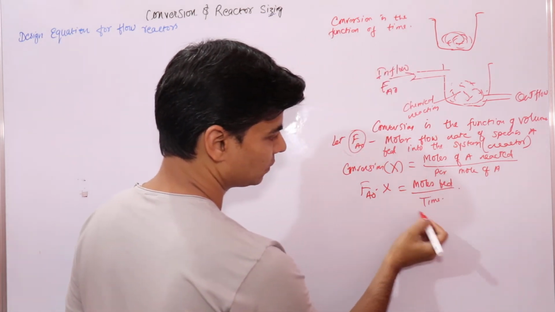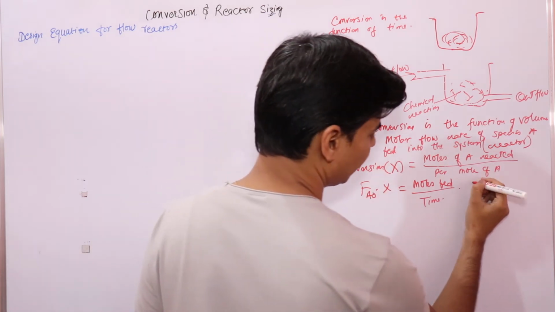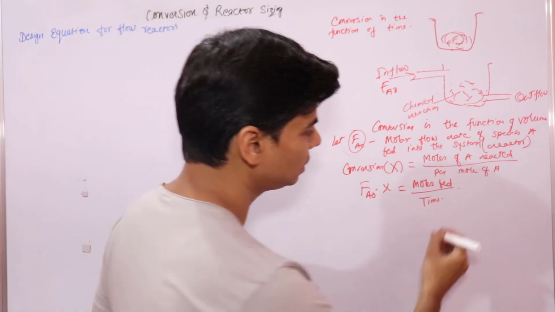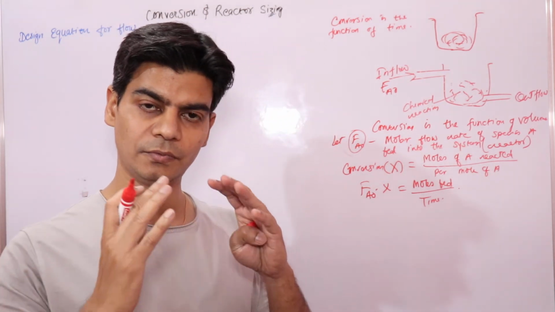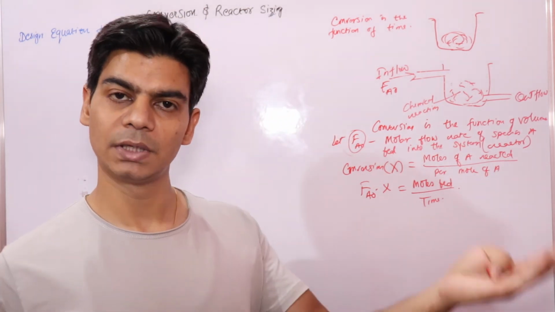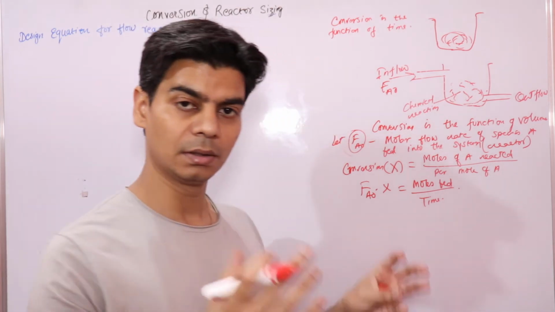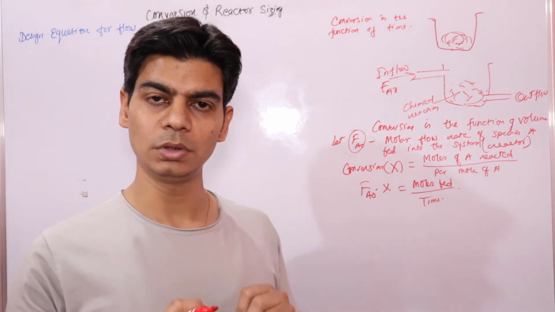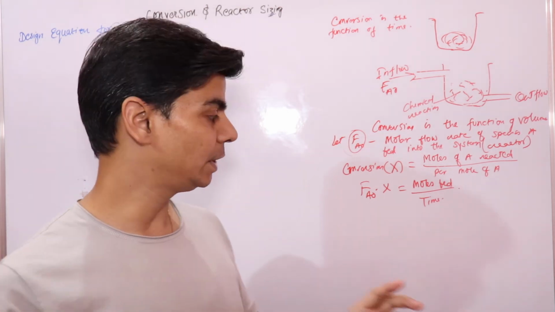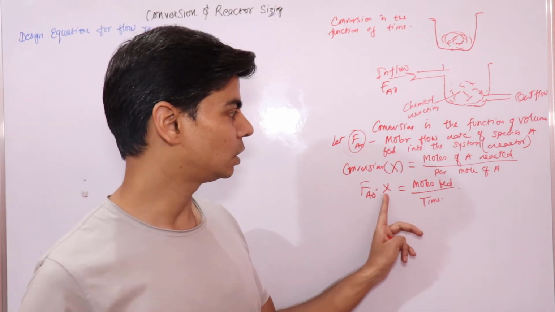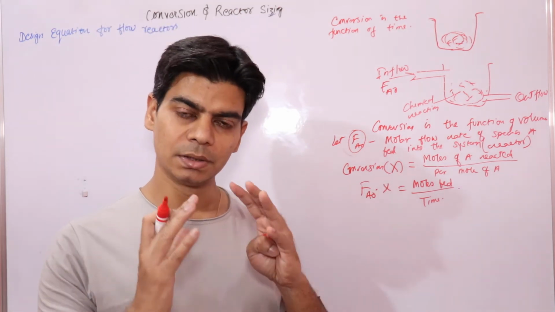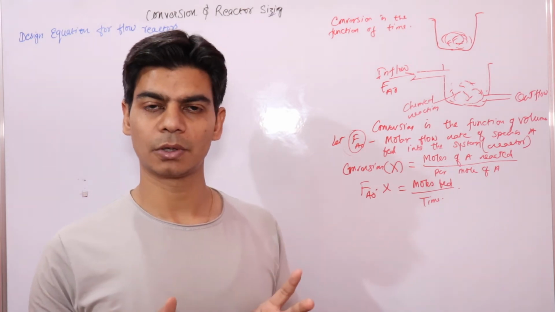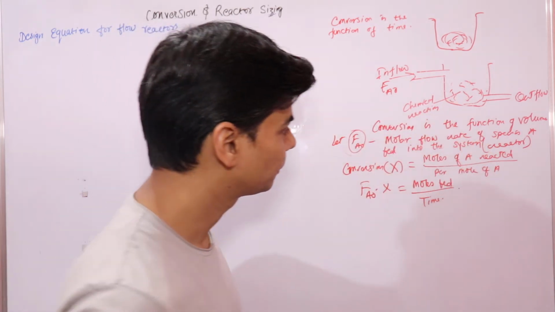And this would be multiplied by X. X is moles of A reacted, X is your conversion. Conversion means we are talking about reactants being converted into product, out of the total number of moles that are fed into the reactor. I repeat, because this is important to understand, conversion is the total number of moles converted into products out of the total number of moles that is fed into the reactor.